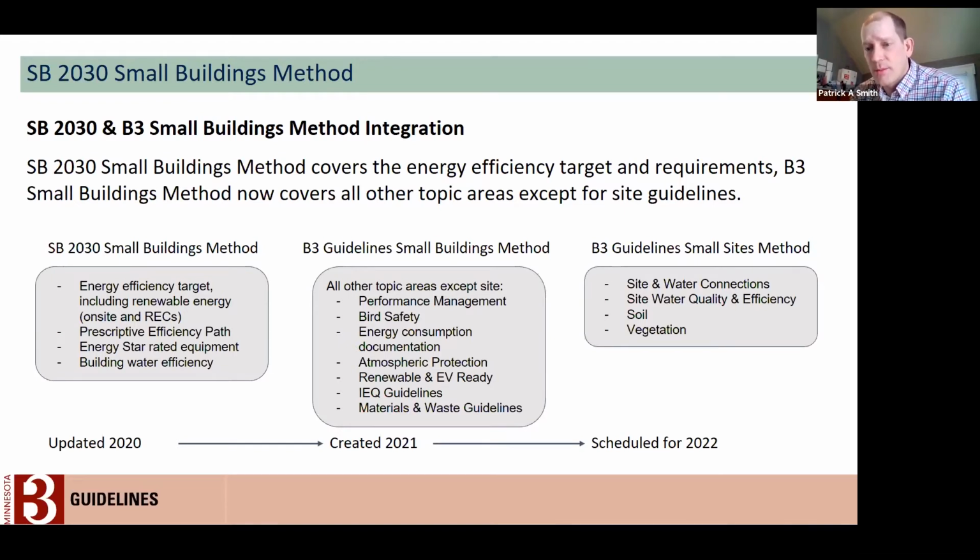And then, as I mentioned, we're looking to start the process of a similar update to the site and water section. That's the site water connections, site and water quality, soil, and vegetation.